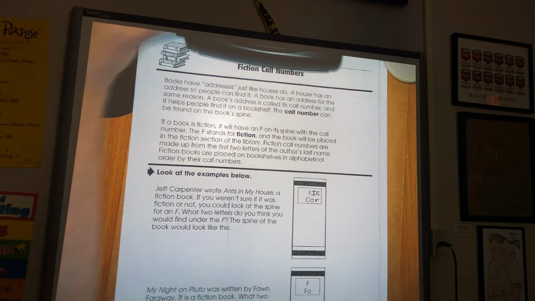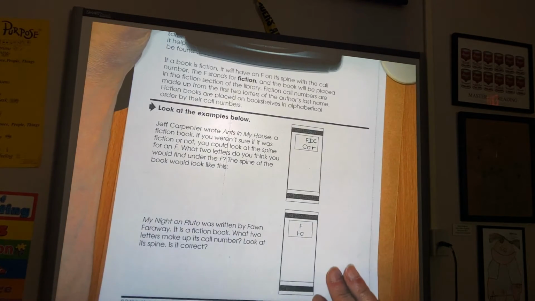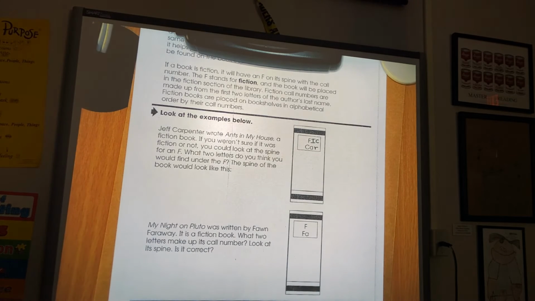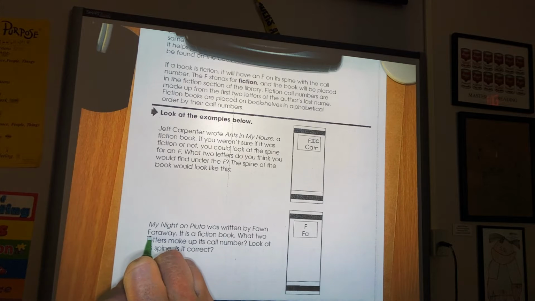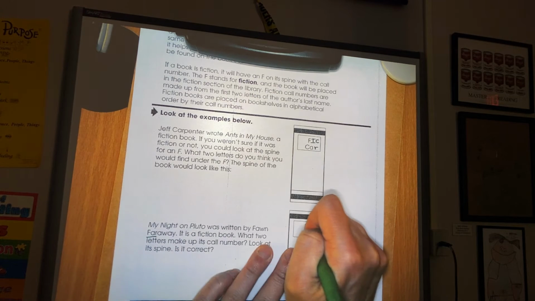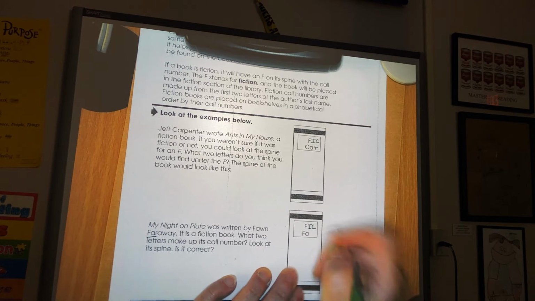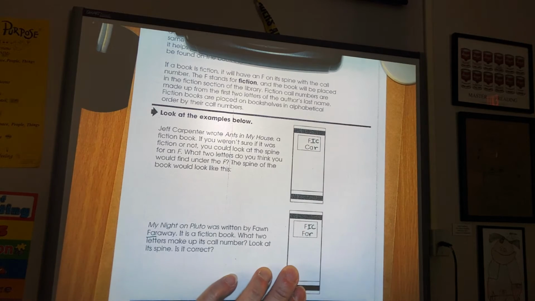And then the second example is My Night on Pluto, written by Fawn Faraway. It is a fiction book. What 2 letters make up its call number? Look at the spine. The first letters of her name are F-A-R, and we would change this if we were in the library, and it would be F-I-C, F-A, and we could add an R there.